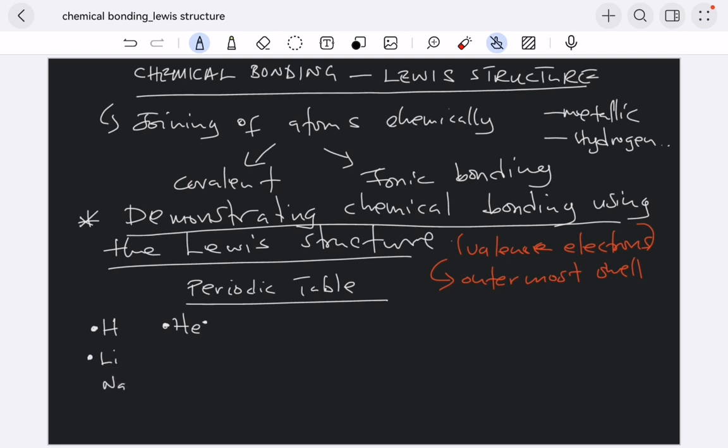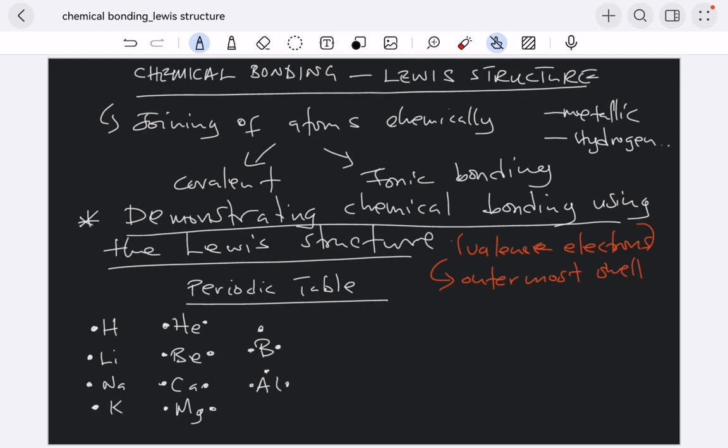Sodium, we have 1. Potassium, we have 1. So all those in group 1 will have 1. When we go to beryllium, we have 2. Calcium, we have 2 valence electrons. Magnesium, it's the same thing, we have 2. If we look at boron, we have 3. Aluminium, it's the same thing, we're going to have 3 valence electrons.